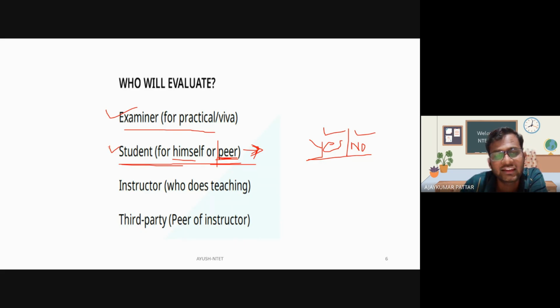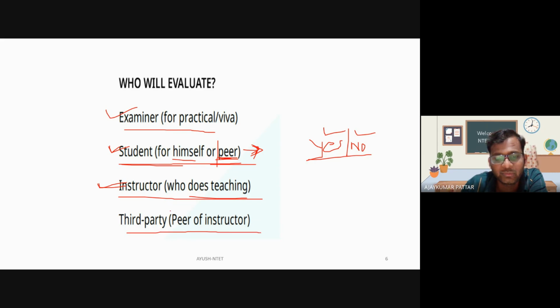Further we will see examples, then you will understand. Then the instructor, the teacher who teaches that particular subject, may evaluate the students or learners. And third party, peer of instructor.